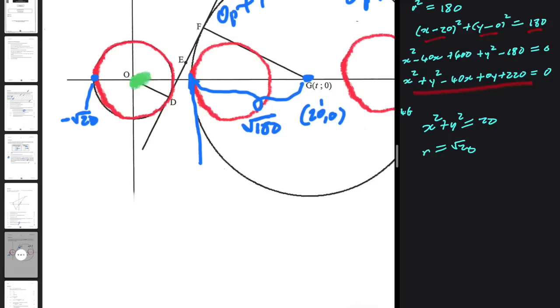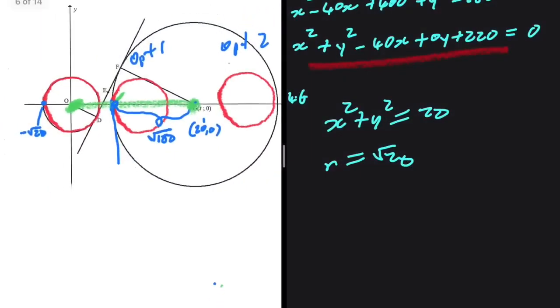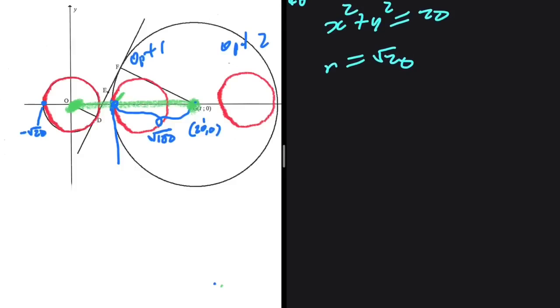But from the center of the Cartesian plane to the center of the circle is 20 units. So if we want to find the x-coordinate at this point, let's call it q. The value of q is equal to 20 minus square root of 180.